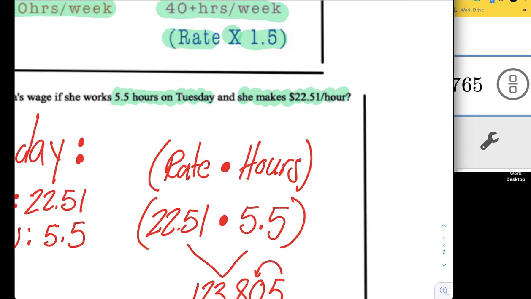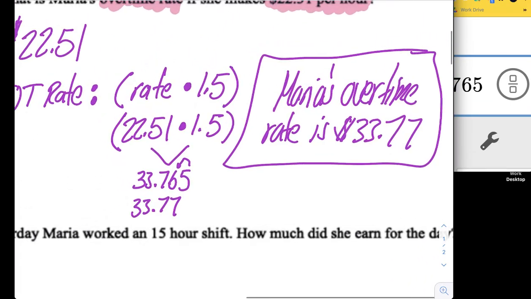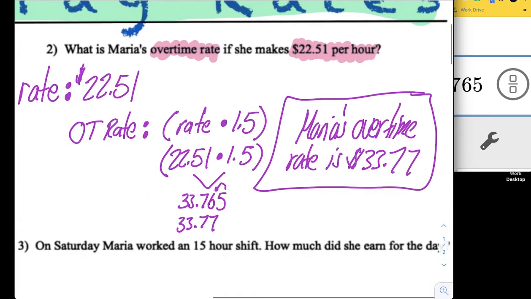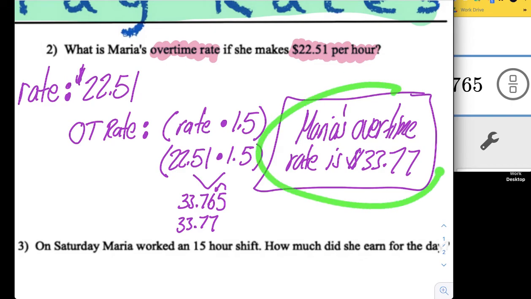But if she works more than 8 hours, every extra hour after 8 hours, she gets paid $33.77 because it's considered overtime. The 9th hour, the 10th hour, the 11th hour, the 12th hour are considered overtime, and this is how much she makes.